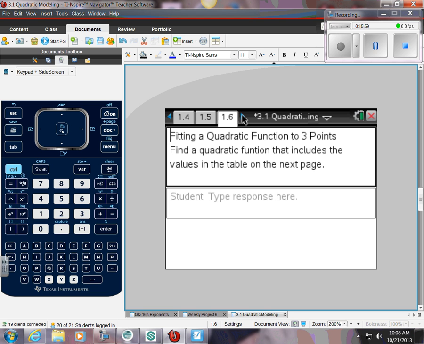Found the regression, right, okay? So we're going to make a scatter plot, and that's going to be done on what kind of page? Data and statistics, and then I'm going to find what kind of regression? Quadratic, okay?